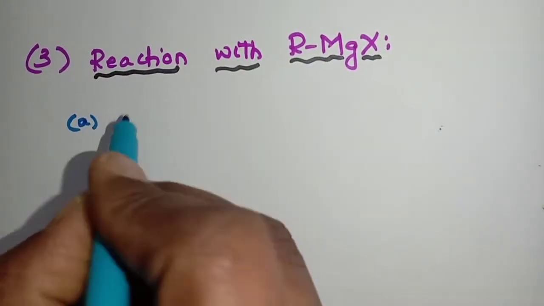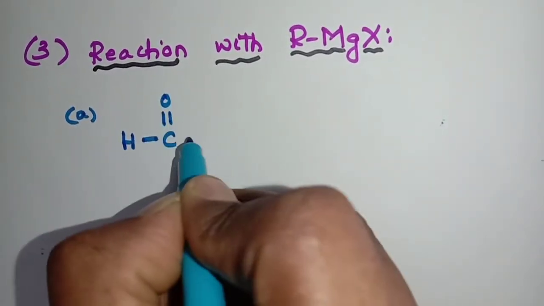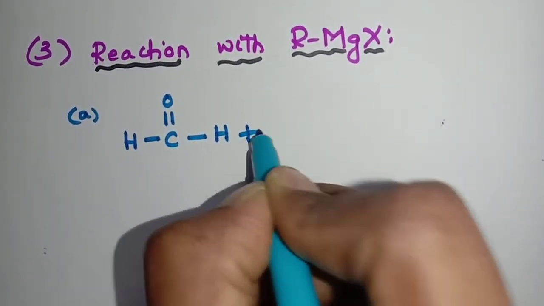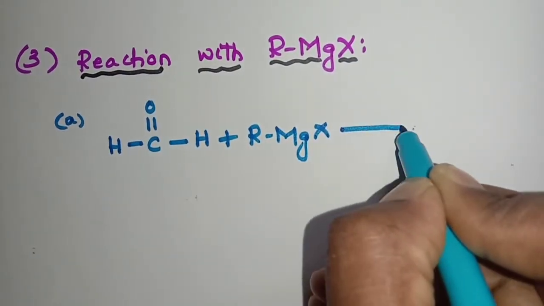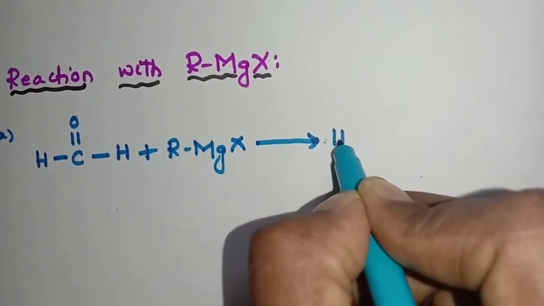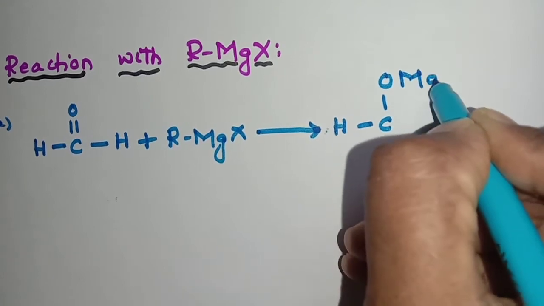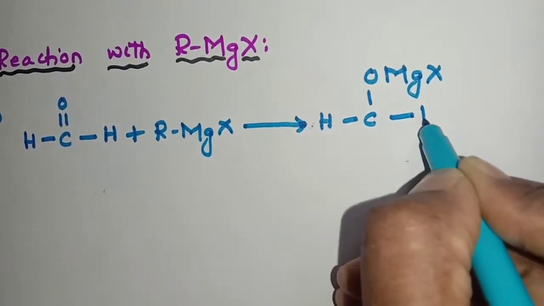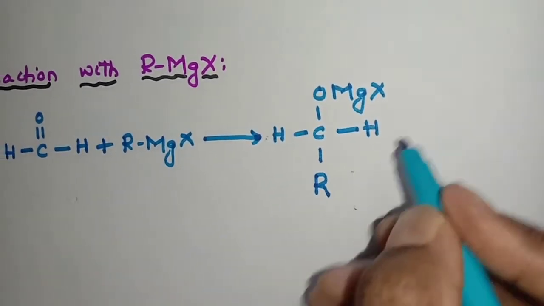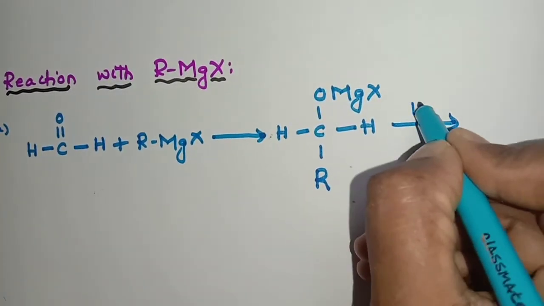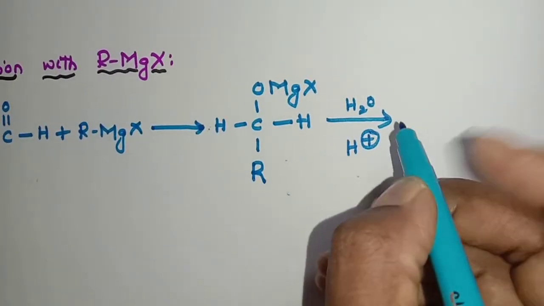First one is formaldehyde. Formaldehyde formula H C double bond O H plus RMgX gives rise to H C O MgX H, here R. Okay, and this followed by hydrolysis in the presence of an acid. What happens?